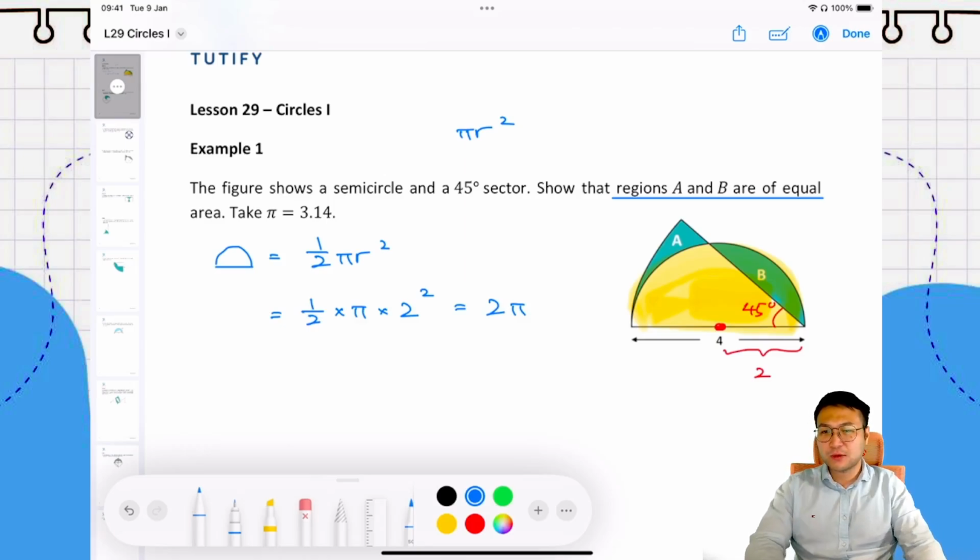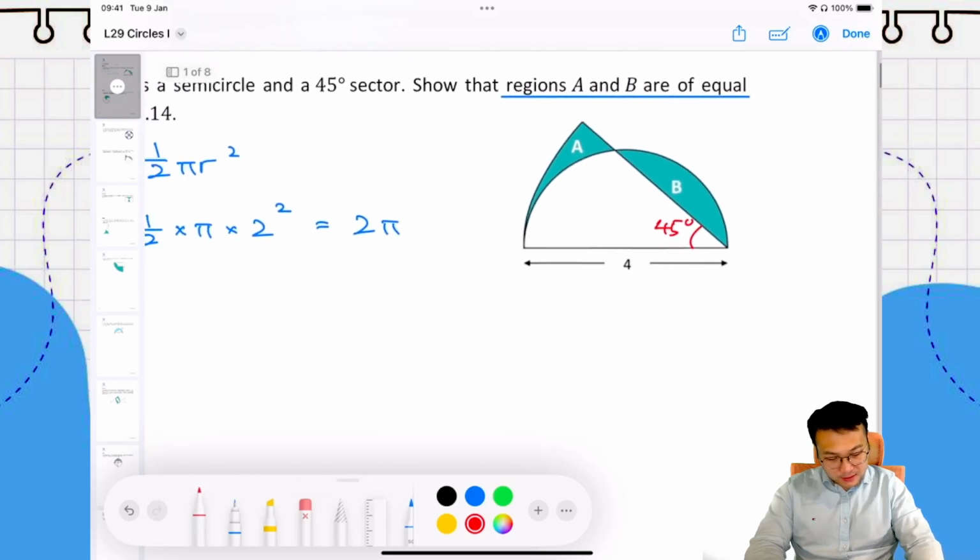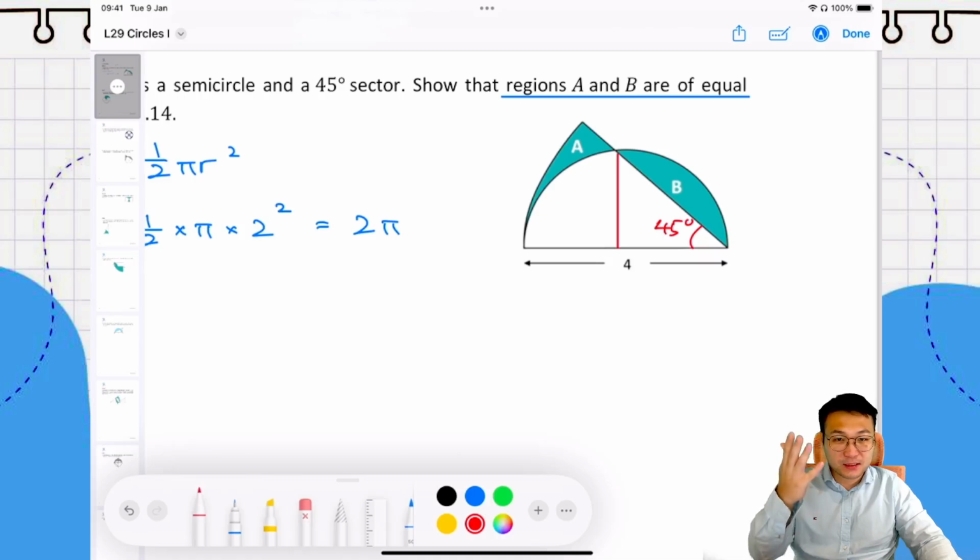So let's see how we can find the shaded area. Okay, let's look at shaded area A and shaded area B. First, we are going to draw a line. Okay, let's divide this into 2. So now I have 1/4 of a circle over here. So we call this a quadrant. Alright, this is 1/4 of a circle. What do you have here? A triangle. Okay, so these shapes are easy for us to recognize. We recognize what is a quadrant.